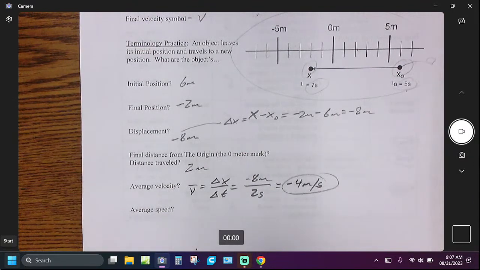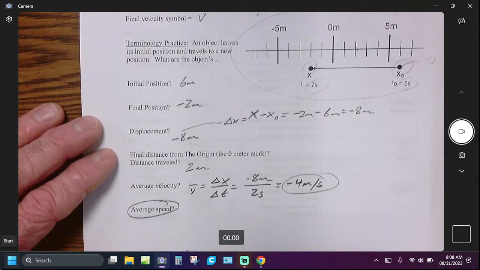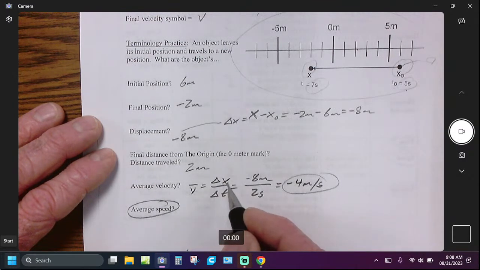I'm realizing a weakness here. I don't have an average speed formula. So let's. What do you think the average speed is? 4 meters per second. So velocity is displacement over time.